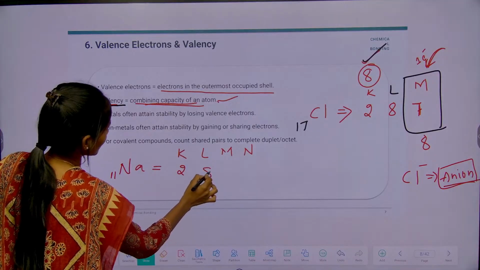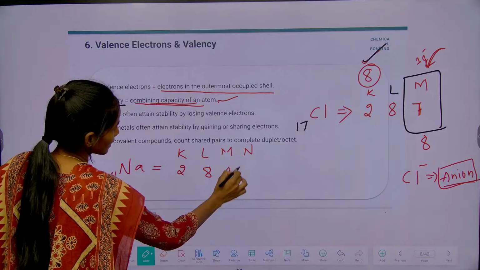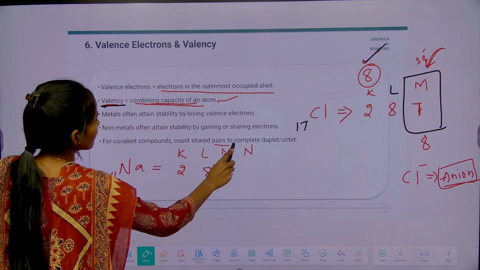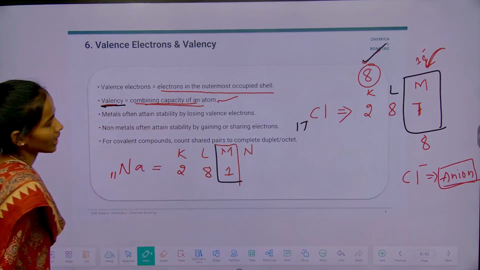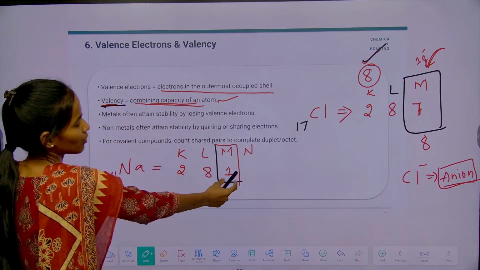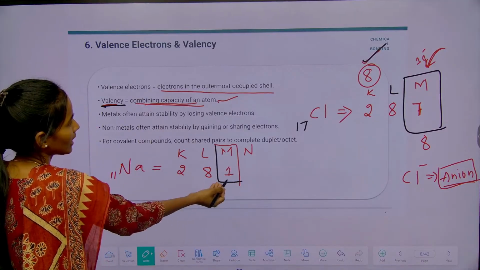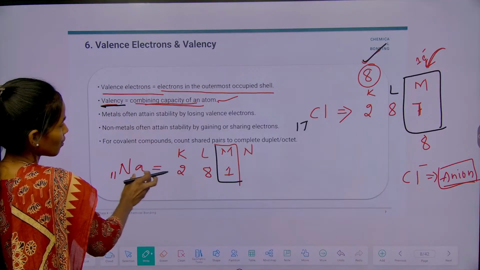Then the L shell takes 8, so 2 plus 8 is 10 completed, and one more electron remains. How many valence electrons are there? The outermost shell is the M shell, and it has only one electron. So the valence electrons in sodium is 1.